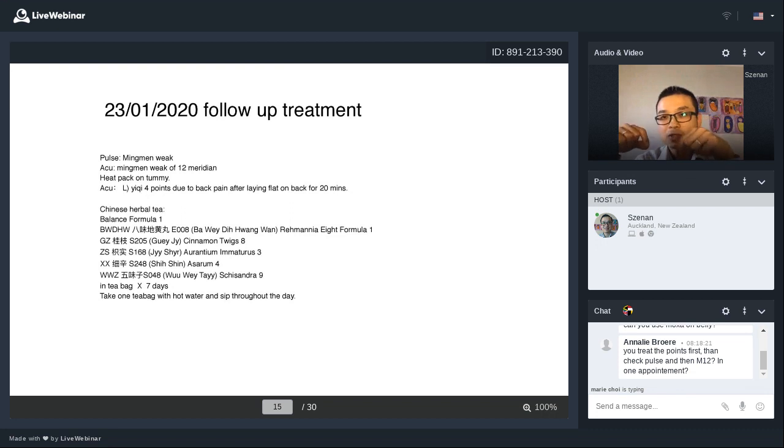As soon as I finish needling, I check the pulse again to see whether there's any change. It's supposed to change. When it changes and balances, that means I'm right. If it's not balanced, I leave it for a while and come back and check on it. If the pulse changes, which means my strategy is right, this patient is going to get better.